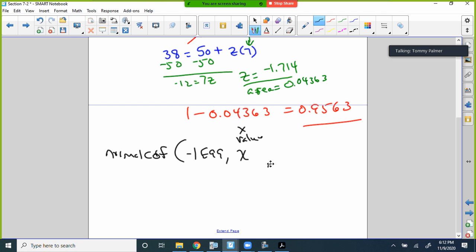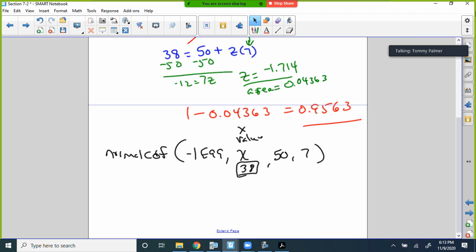Now, you can use 0 and 1, or you can use 50 and what? 7. It's still going to come out to be the same thing, right? Now, the x value happens to be what? 38.